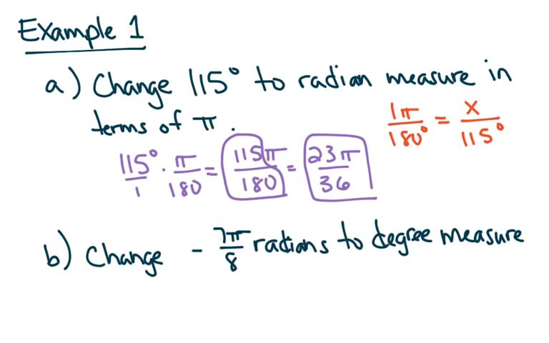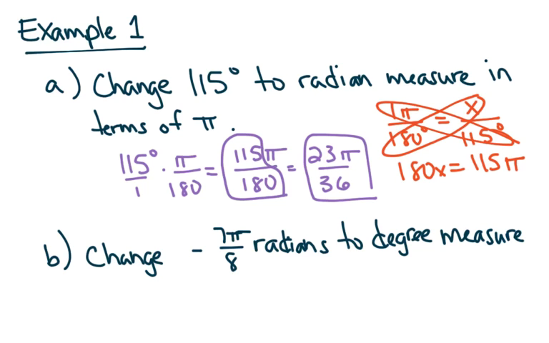Now remember, when we do proportions, you've got to keep your units consistent. So if I put radians in the numerator of the first fraction, radians must be in the numerator of the second fraction. So when I cross multiply, I get 180x is equal to 115 pi, and then I divide by 180. I still have to reduce it, but that's another way of attacking the problem.